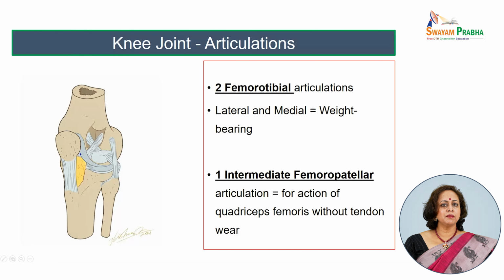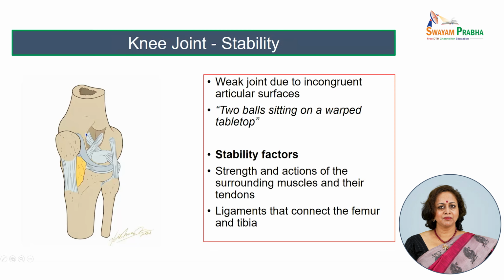And there is an intermediate femoro-patella articulation because the action of quadriceps femoris should take place without any tendon wear. So this patella is a sesamoid bone in the quadriceps femoris tendon and prevents friction between the tendon and the articular surface of the femoral condyles.